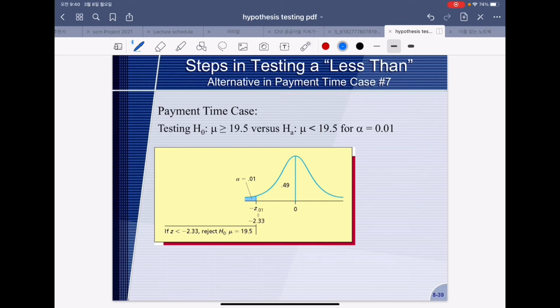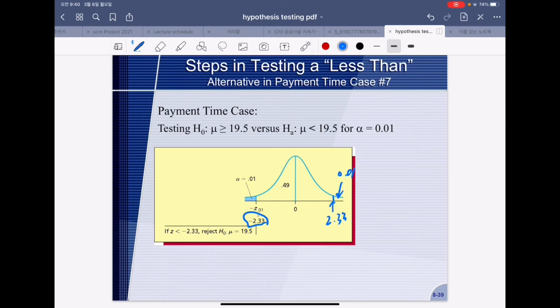Also, the rejection region depends on the size of alpha. For example, if alpha is 0.01, then you have a z value of negative 2.33. Remember that the normal curve is symmetric. If this is 0.01 at the right side, then this value is 2.33.